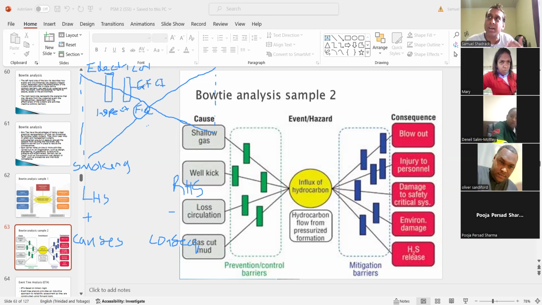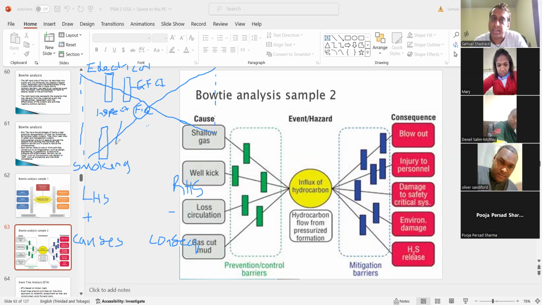We could consider electricity could be a cause of fire, but if you have proper inspection and a breaker or a reduced transformer, whatever you know it as, a ground fault circuit interrupter, then we'll never have a fire from electricity, unless you have a lightning strike. But then you can put things in place to prevent a lightning strike as well, like a lightning rod. So you understand how positive this side of the bow tie is? So tell me how we can prevent the worker from smoking.